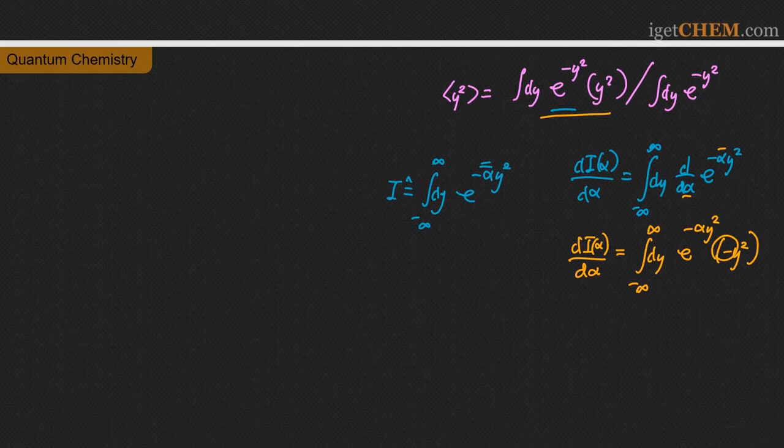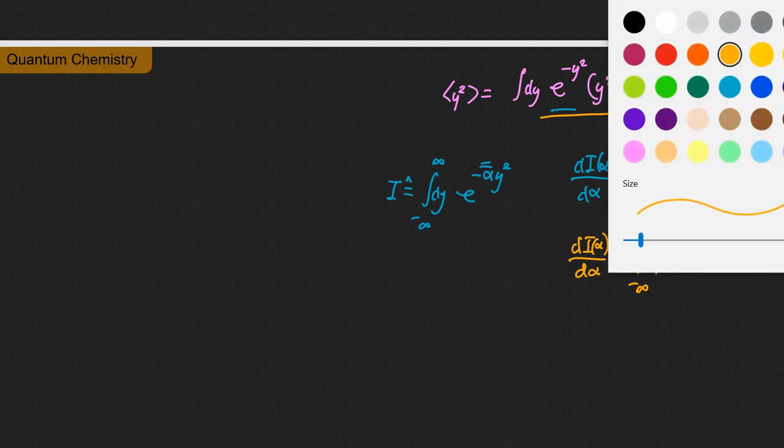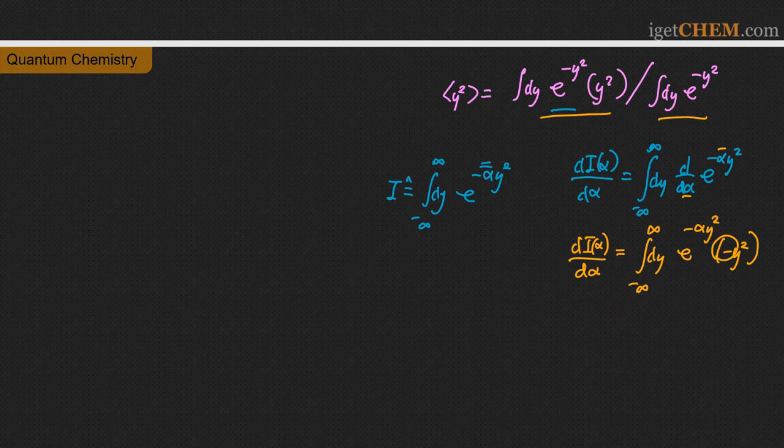And what we have in the bottom is just the original integral. So what we need to do is set alpha equal to 1 for both the derivative and the original integral, and then we will get the right answer. You can do that, or you can look up the tables for Gaussian integrals, or you can do it on Mathematica. It doesn't make any difference. At the end, you will see that the integral right here will give you 1/2.